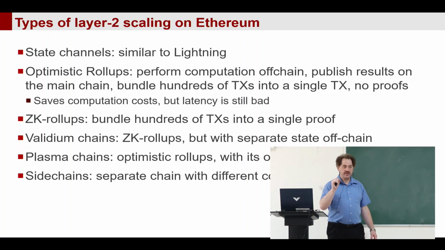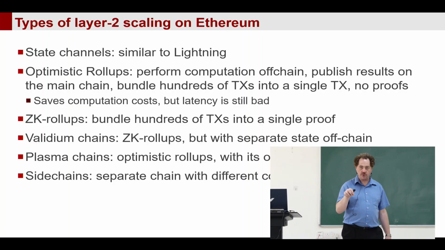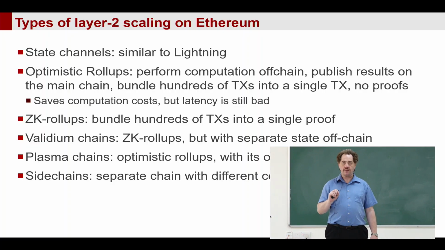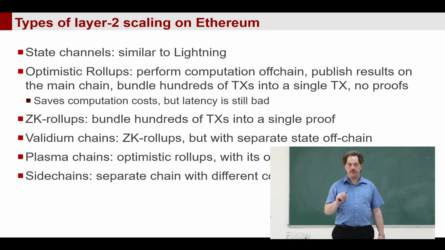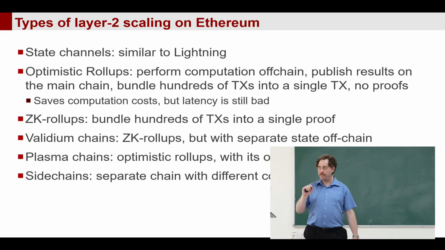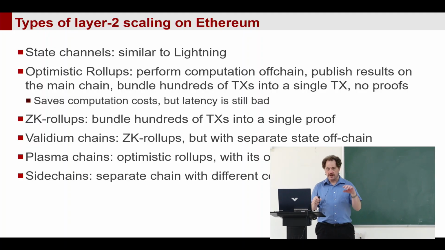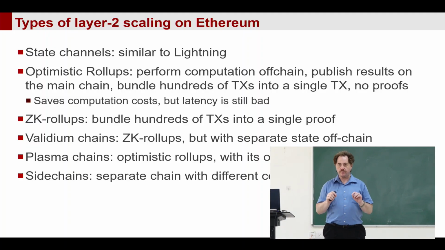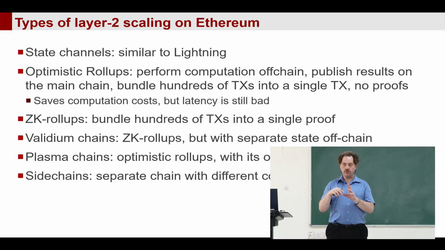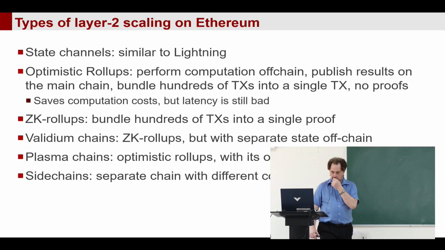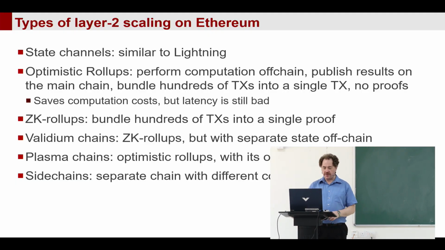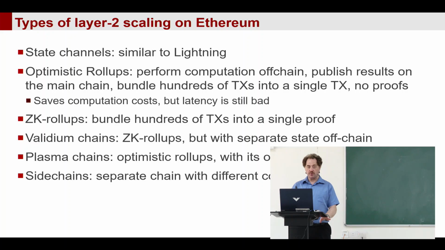So there is significant cost of performing computation on the main net of Ethereum. The main motivation for optimistic rollups is to move the computation. It's not the fees, the motivation is different from the motivation in Bitcoin. We want to move the computation to offload the main net of Ethereum. So optimistic rollups save computation costs, but don't improve the latency a lot.